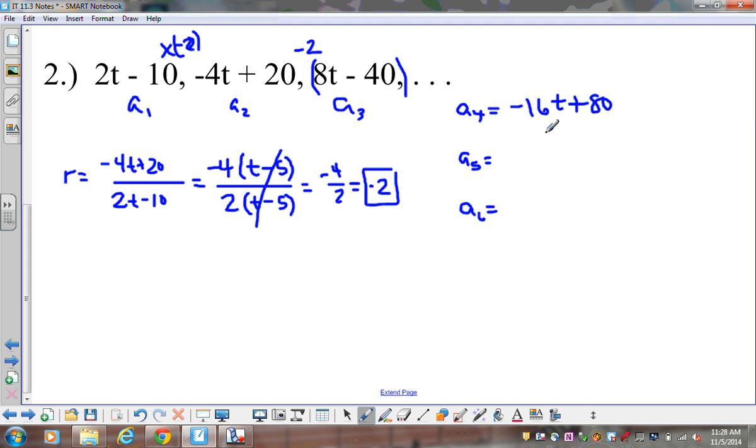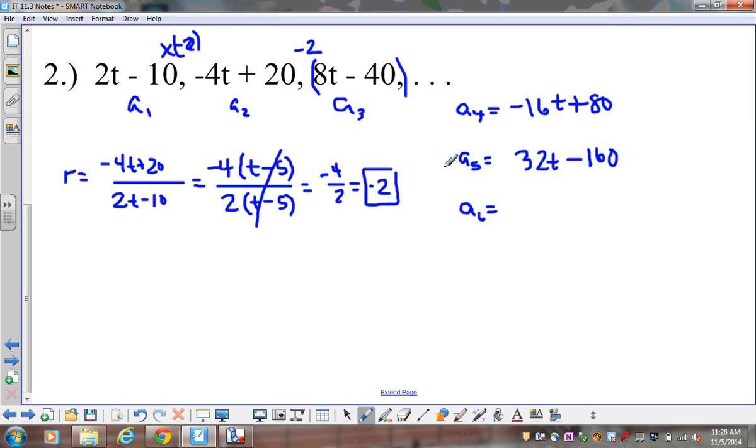All right, well, let's find my fifth term. Same thing. I'm going to take my fourth term and multiply it by -2. So -16t times -2 is +32t, and 80 times -2 is -160. So that's going to be my fifth term. Now I'm going to find my sixth term. I take my fifth one and multiply it by my common ratio, which again is -2.